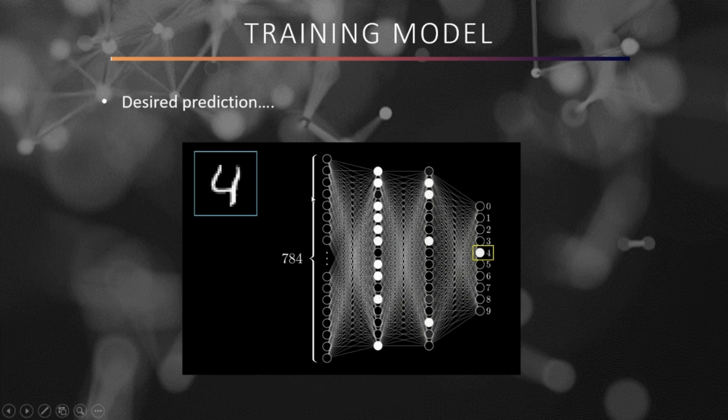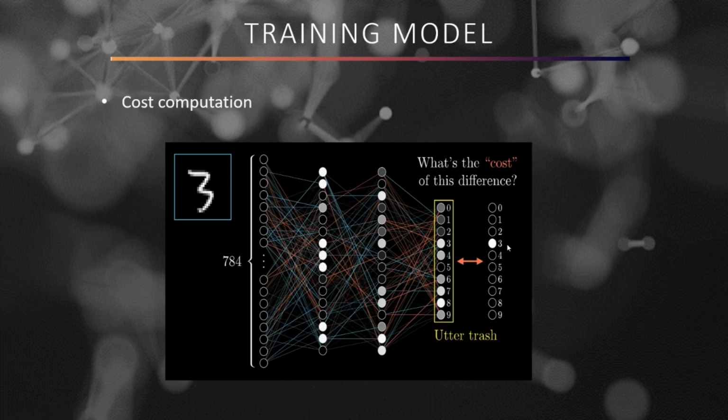See, this is the desired behavior of our neural network. If we input an image like this one, 4, our neural network is desired to give the output like this. That means our output node of index 4 should be of higher value compared to our remaining nodes. But in the initial stages of the training, our neural network will not give the desired output, but it will give some random outputs like this.